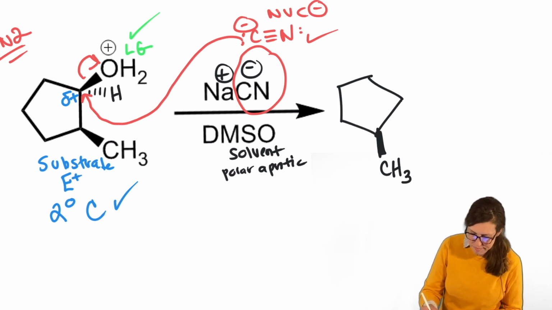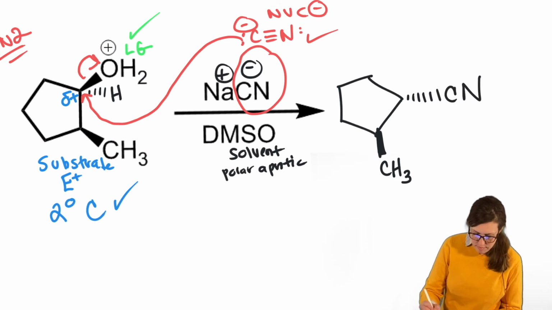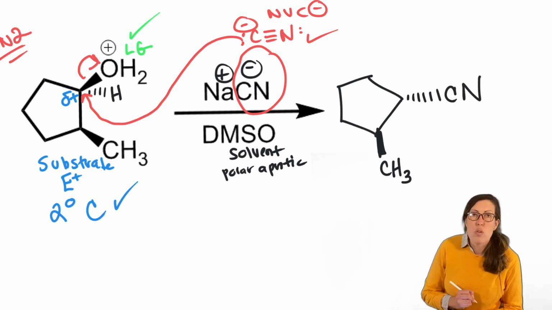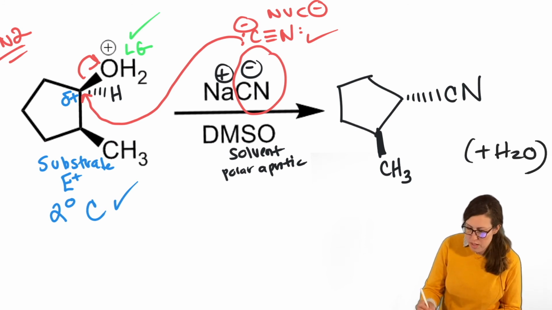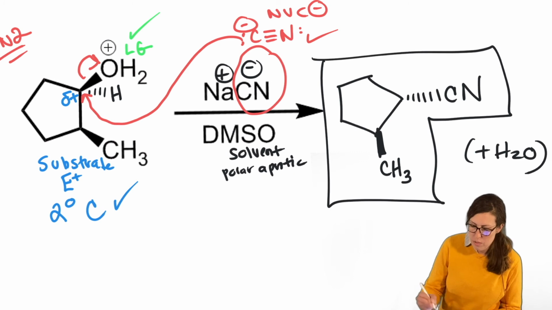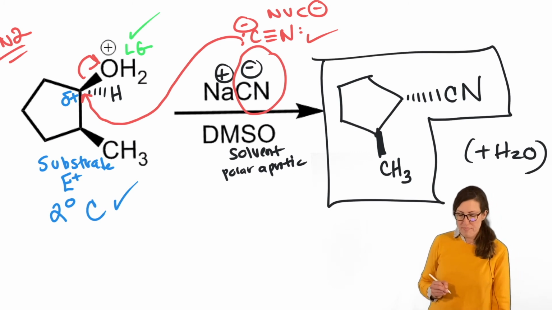The leaving group was on a wedge, therefore the new group is the opposite of the leaving group, so the new group must be a dash. Who is the new group? CN. Our leaving group left and we made some water. But this is our main product that we would be looking for in the answer key, okay?